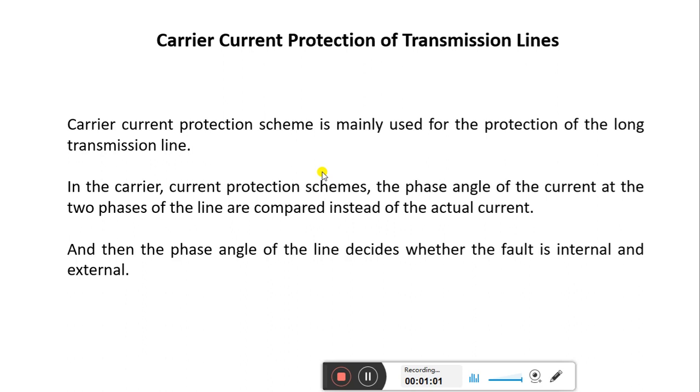As we know from the previous cases, our protection system always operates if the fault is within the protected zone, and if the fault is outside the protected zone, then our protection system will not operate. The same thing is applicable here for the carrier current protection scheme of transmission lines also.